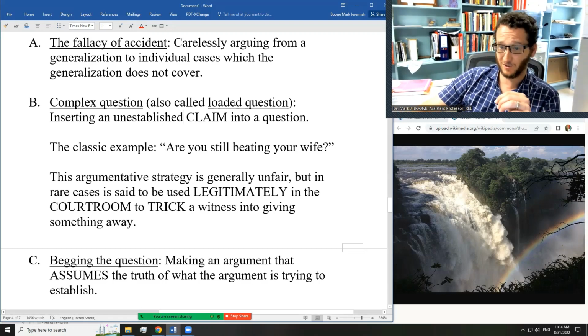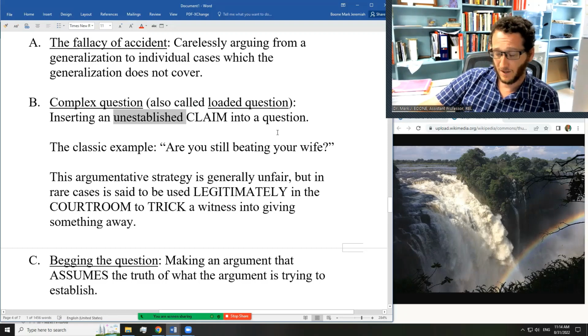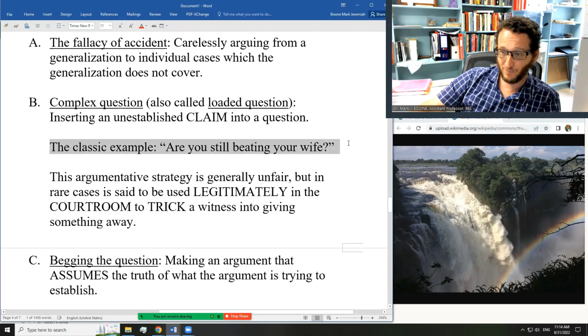Maybe when you phrase it this way, it's not as clear that you have to look at the content of the argument. Maybe we should say an established claim. An unestablished claim inserted into a question or presumed by a question makes a fallacious argument sometimes, but not always. If you're pretty sure someone does beat his wife and you need him to confess it, it might be okay to ask, are you still beating your wife?